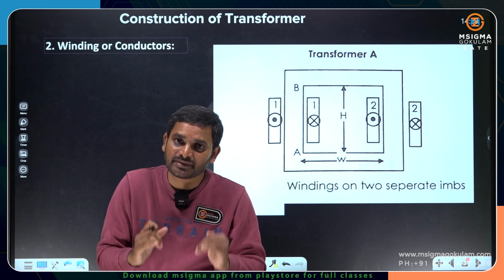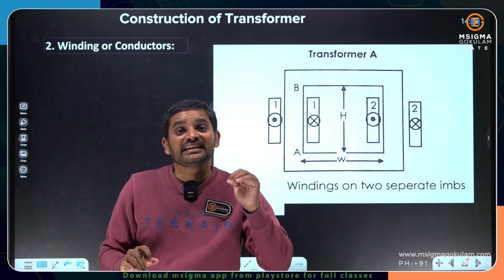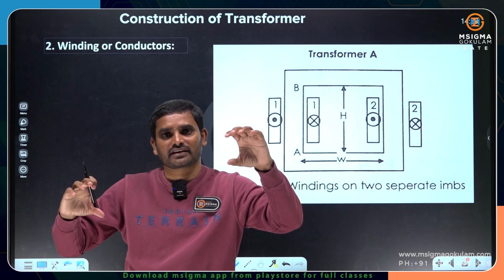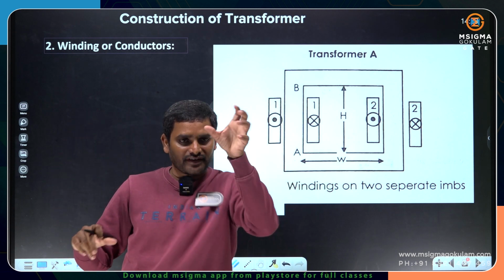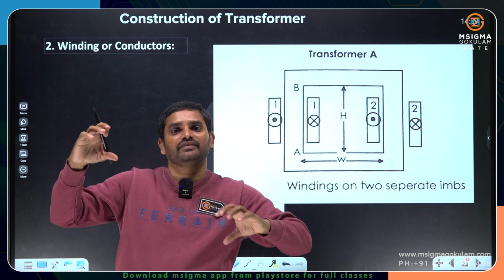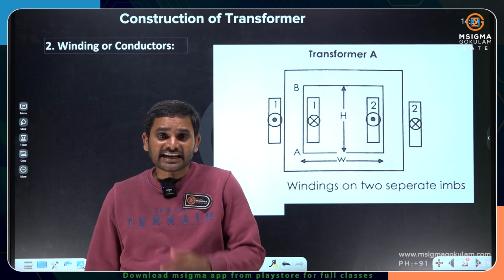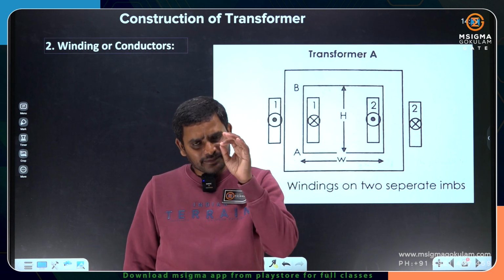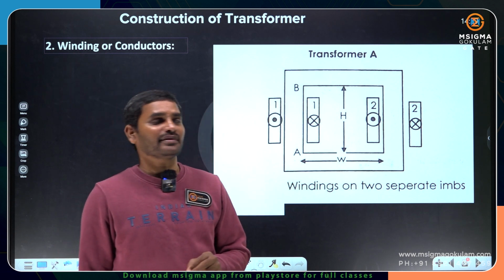Interleaved means half HV here, half LV here, across the first leg and second leg. Interleaved winding helps minimize the leakage flux lines; that is its main purpose.